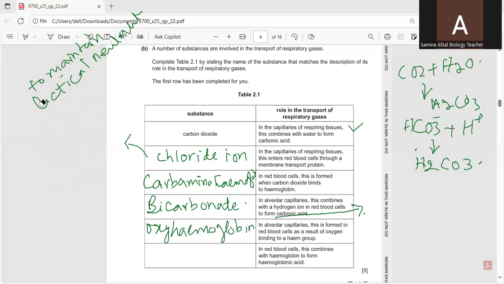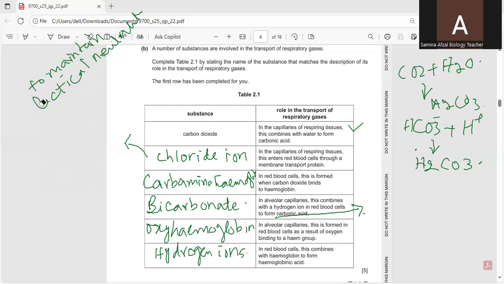Next is in the red blood cells, it combines with hemoglobin to form haemoglobinic acid. So hydrogen ions, when they combine with hemoglobin, will form this haemoglobinic acid, because a hydrogen ion is a proton.